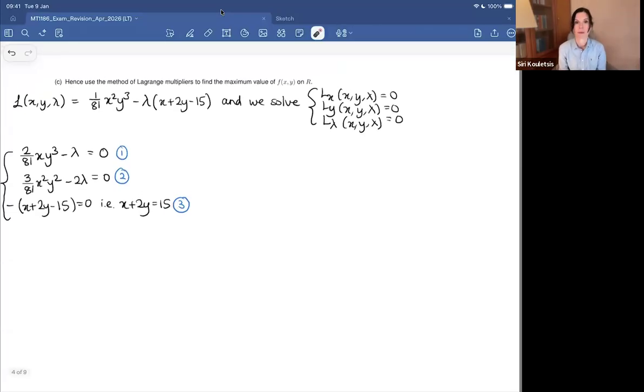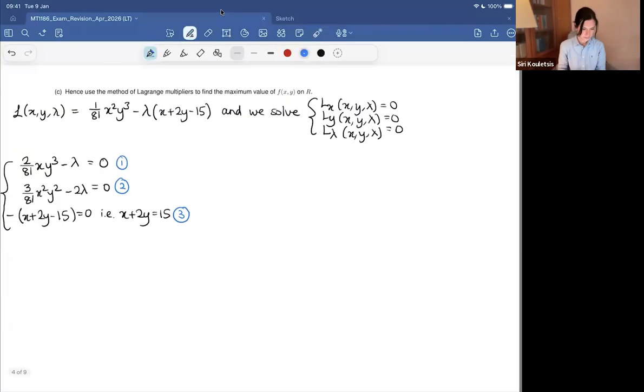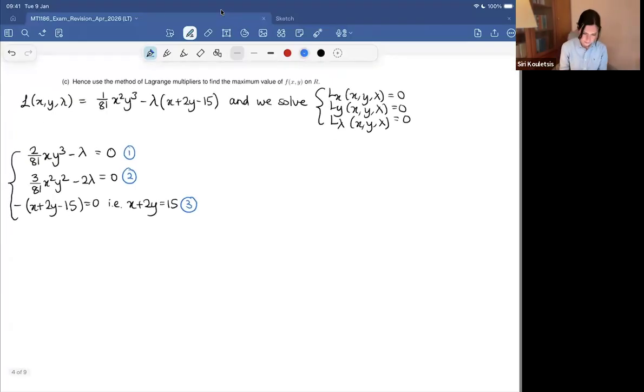And then we go back to the relationship we found between x and y to find the remaining variable. It can be useful, at least while you're doing revision, until you are completely solid on the method, to write down what we are doing here. At least I find it useful.